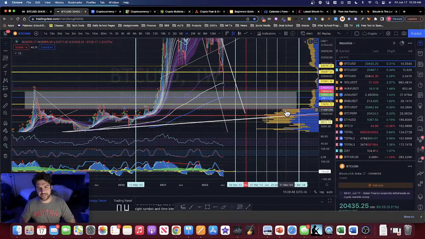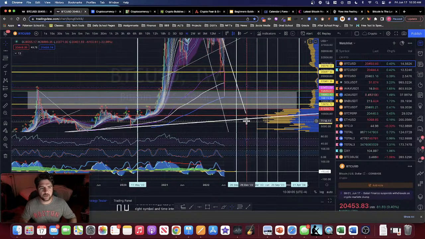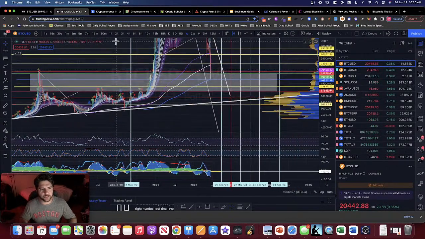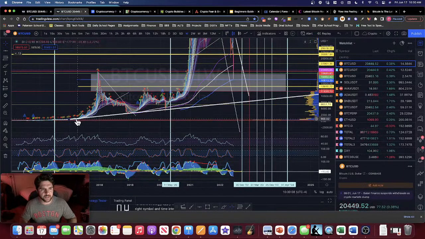So everyone calling for a 10K. I mean, you get the VPVR, major high volume node sitting right here at about $9,300. So do I think that we break that? I really don't. And I also have this bottom trend line drawn in from these lows right here.